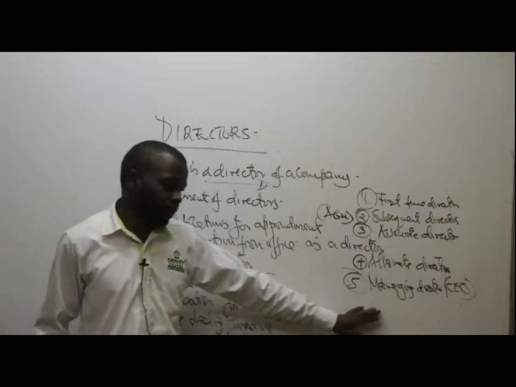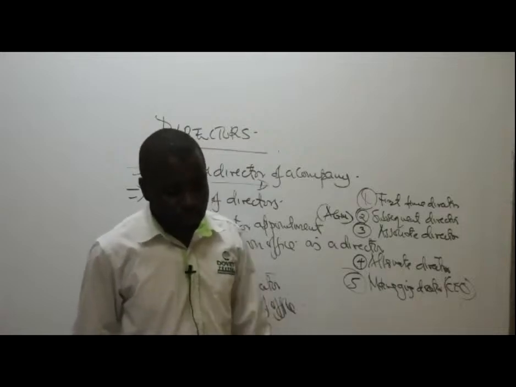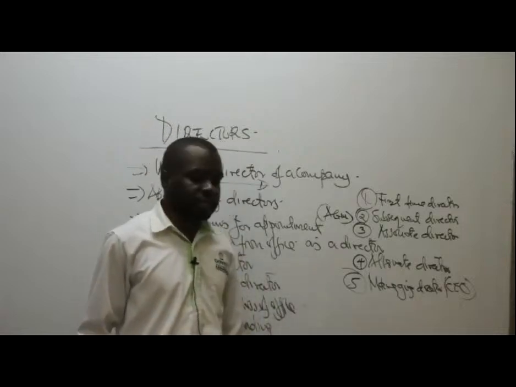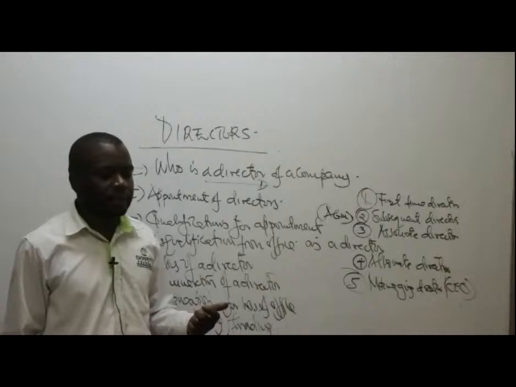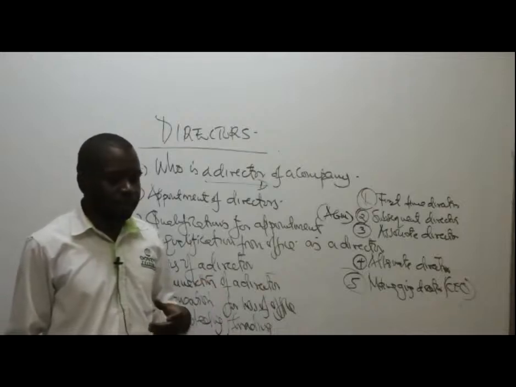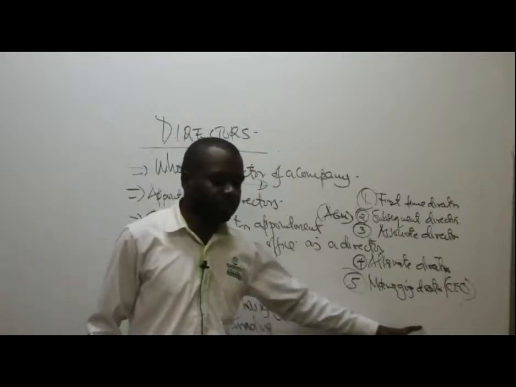Managing director or chief executive officer. This one mostly will be appointed by the board of directors. They'll choose someone who has the expertise or knowledge on how to manage the affairs of the company. This one is mostly engaged in the full-time management of the company.